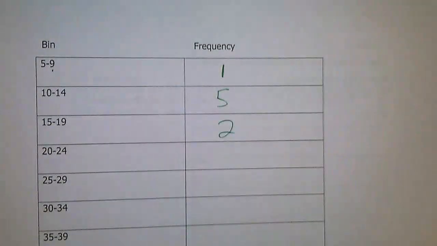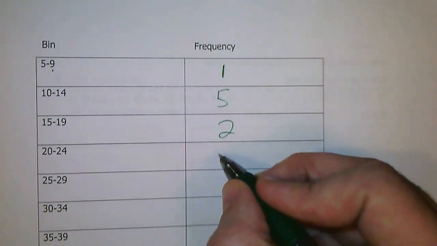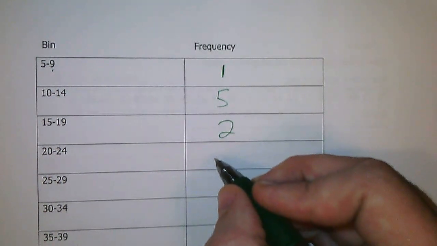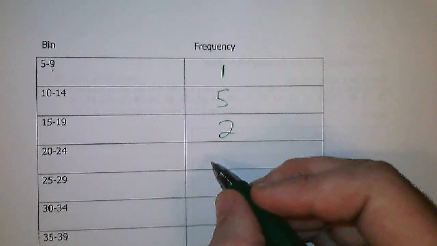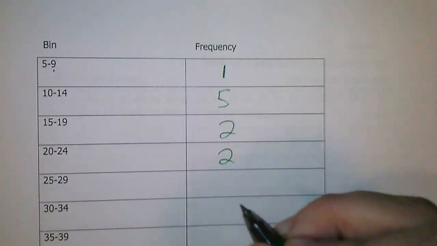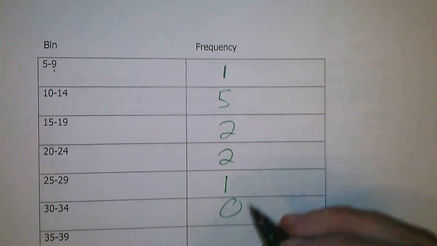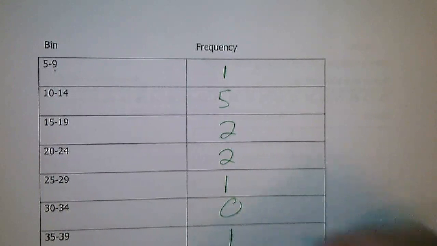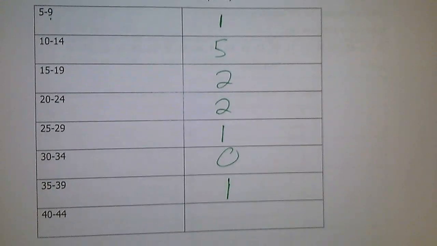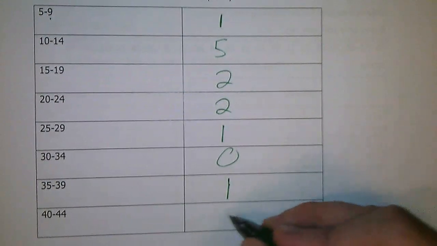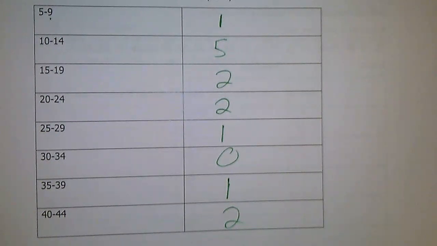So put a 2 there. And now you can just believe me that there are 2 animals that live from 20 to 24 years, chinchilla and a teal. 25 to 29 years, 1. No animals lived from 30 to 34 years. 1 lives from 35 to 39, and 2 live 40 to 44.